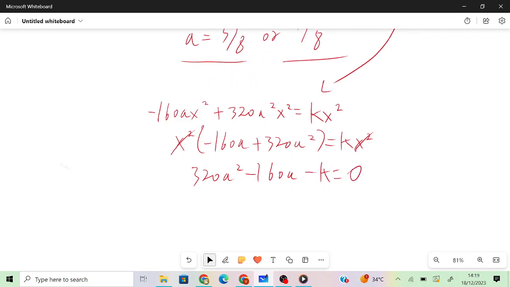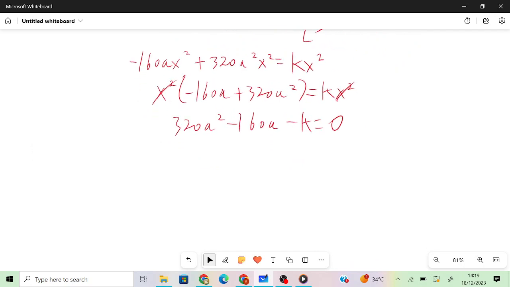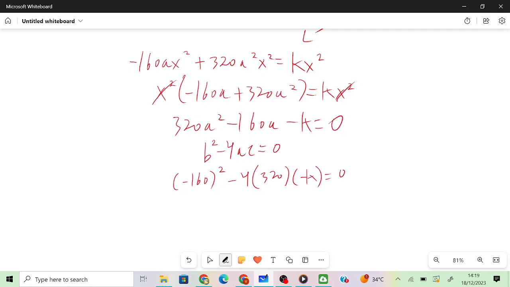Now when you have anything like this, you have two unknowns in this equation, you have k and a, you can use your discriminant. So using discriminant, you have b squared minus 4ac is equal to 0, or b is minus 160, all squared, minus 4 into 320 into minus k equals 0.